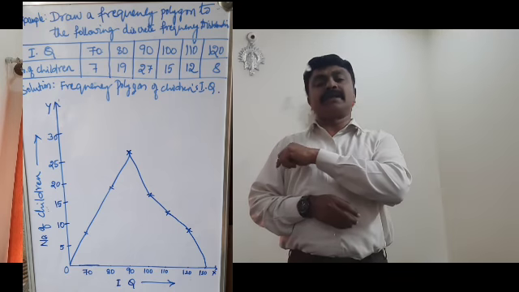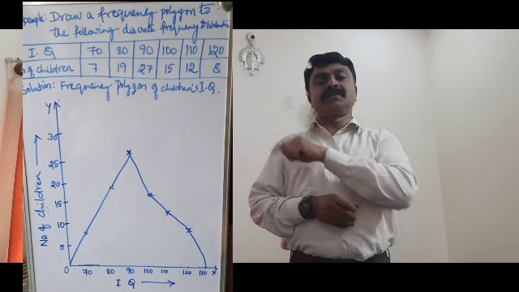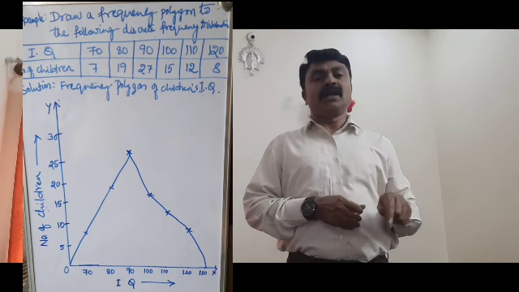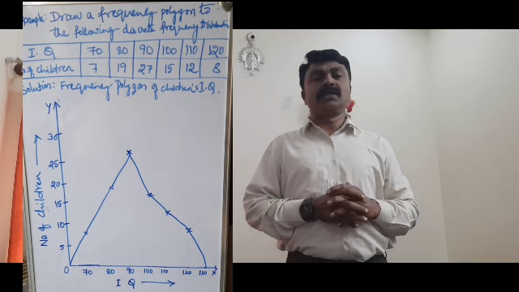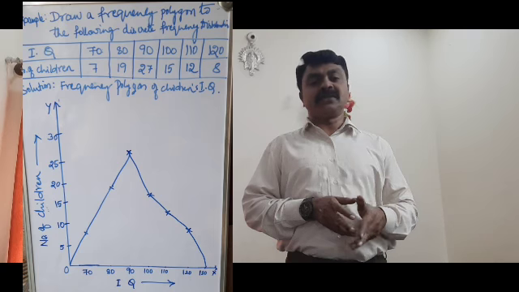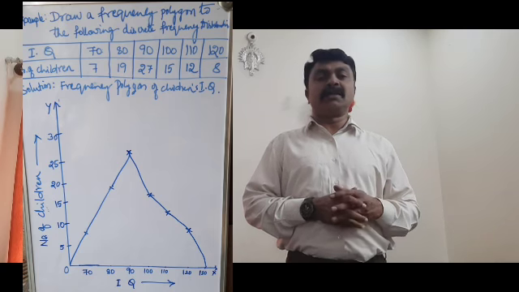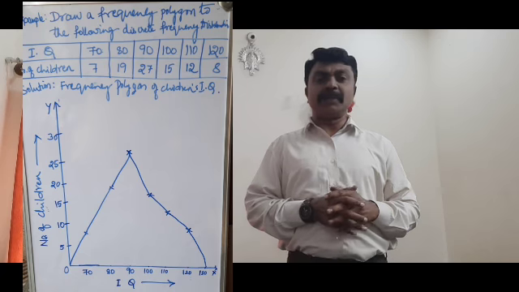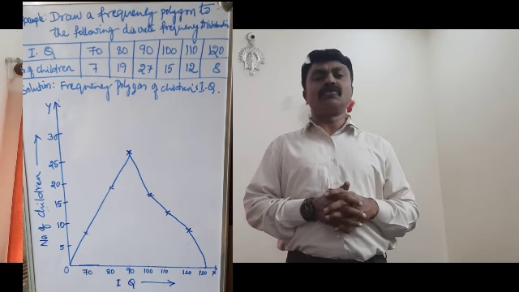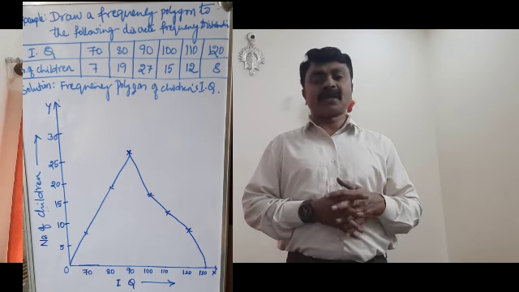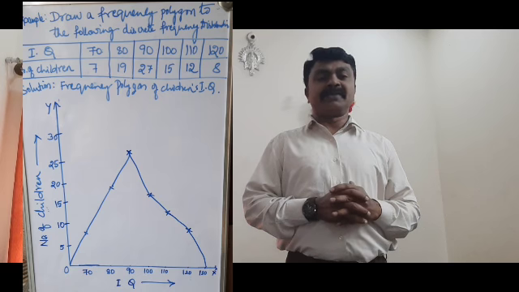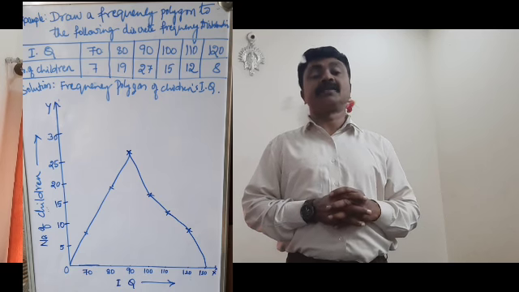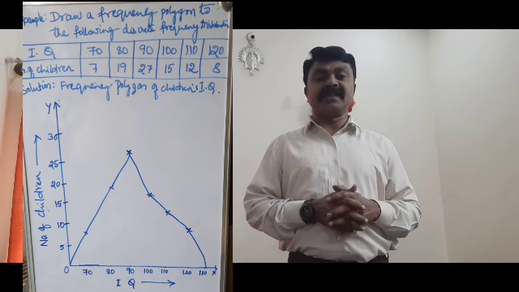Then write the number of children and the IQ of the children, so that you represent IQ values horizontally. The number of children is treated as frequency on the vertical y-axis. And as I already told you in the previous slides, the steps have to be taken into consideration.